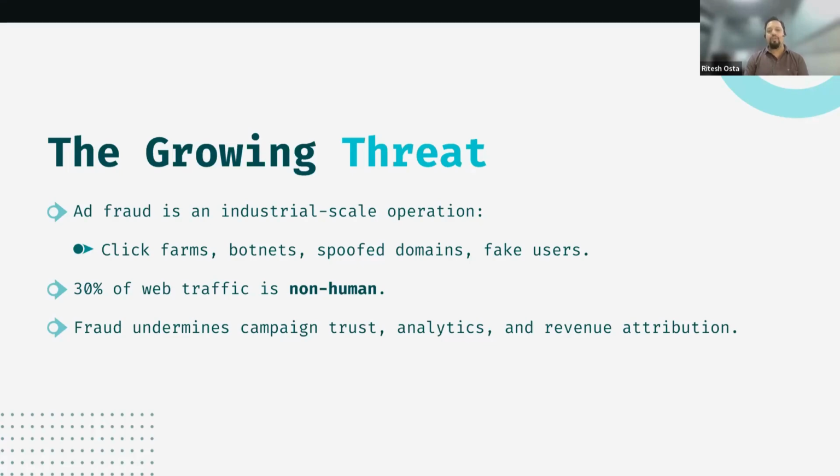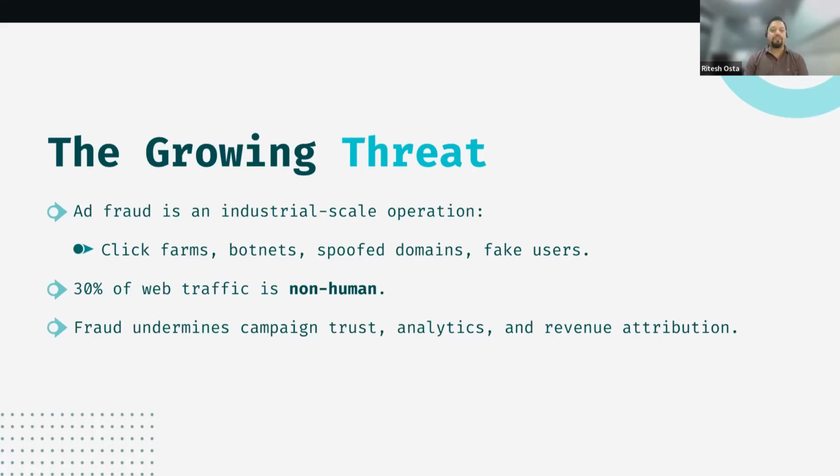That's the scale of the problem that we're talking about. Imagine that. Okay, 30%. That means if you're spending $100,000, then there's a good chance that you are spending $30,000 on these fake leads.